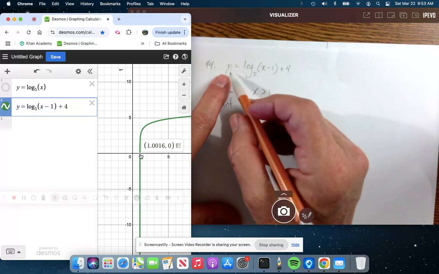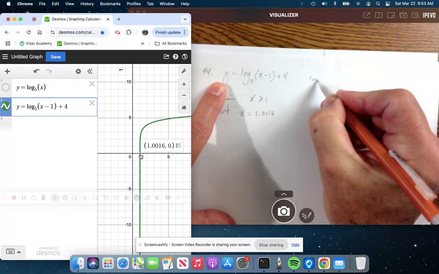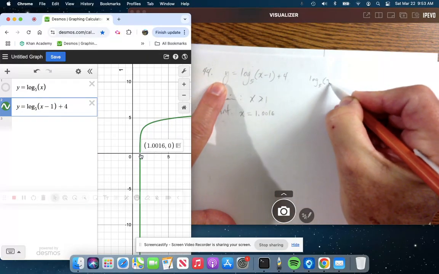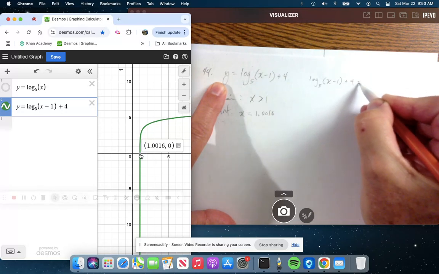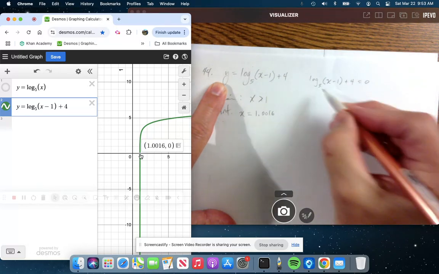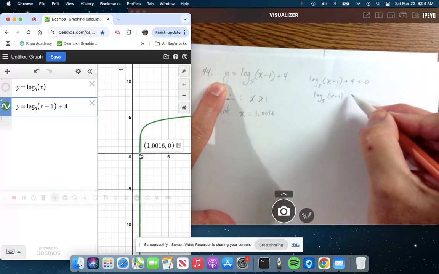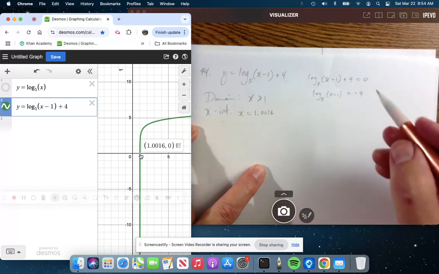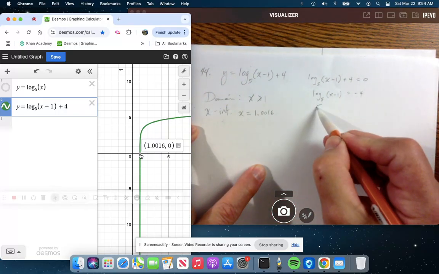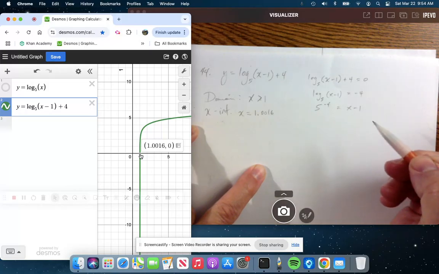Now, one way we could find that by hand is just make y 0. So I could do log base 5 of x minus 1 plus 4 equals 0, and then start working on this: log base 5 of x minus 1 equals negative 4. Now I could change this to an exponential. I could do 5 to the negative 4 power is x minus 1.